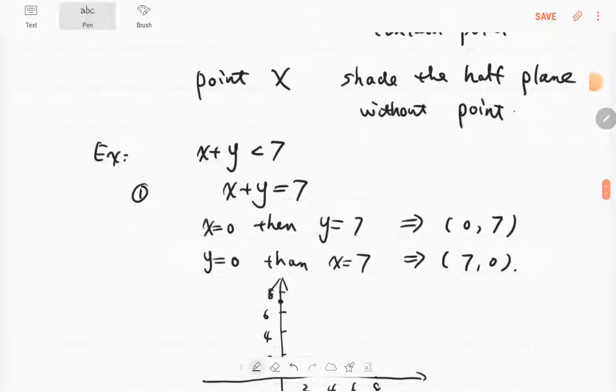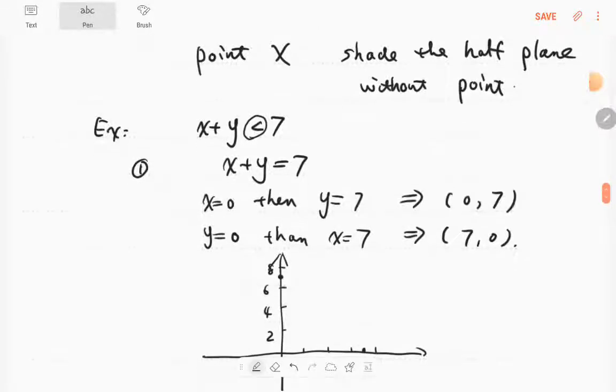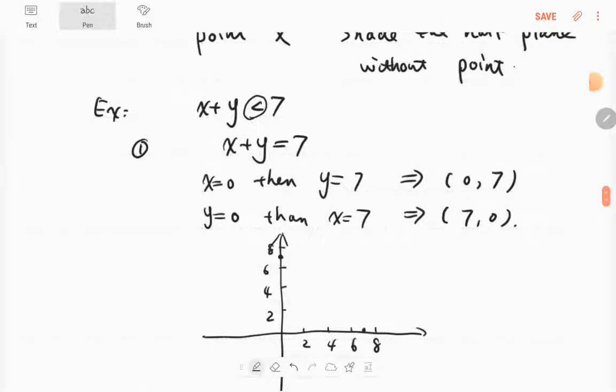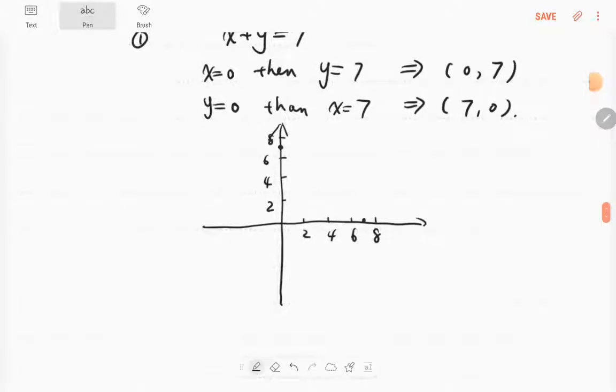Then we go back to check the original inequality. We realize it's the less than sign without the equal sign. Which means any point in this straight line, in this boundary line, is not included, is not the solution.